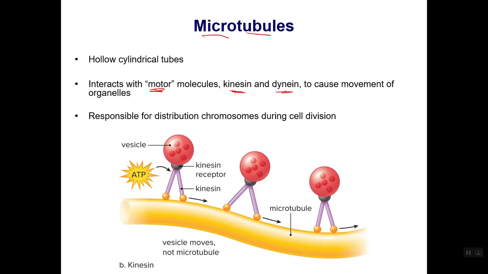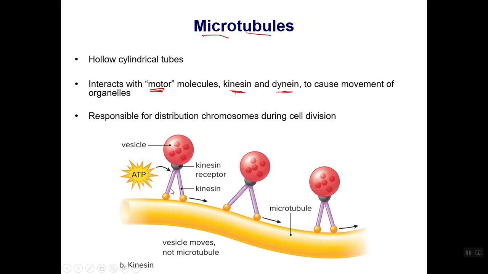So here again, I'm going to use the mouse. I think it's easier to see. But you see your microtubule here. This is a protein called kinesin. This is our kinesin receptor, which is going to bind to a vesicle that contains contents. This could be an entire organelle. This could just be a protein. It could be anything. It can help move stuff.